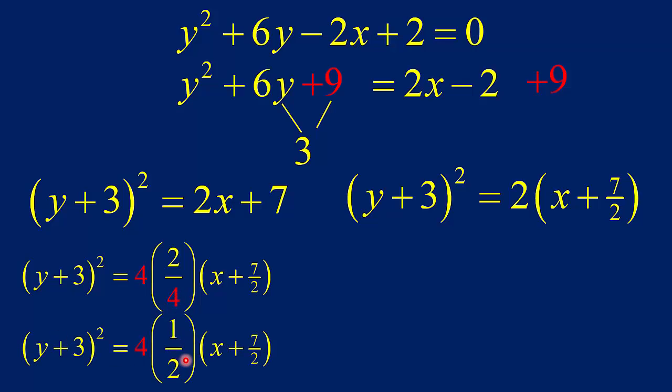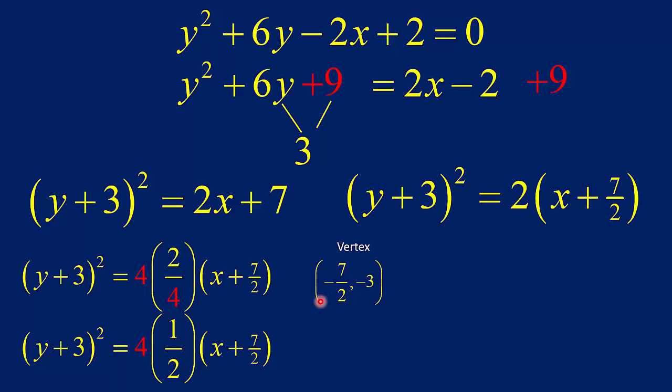So here it is. Now this is a form that we can relate to, because now, look, we can easily get the vertex: -7/2, -3. I just get the x-coordinate from the parentheses with the x, the y-coordinate from the parentheses with the y, and we know that p is 1/2. Now, this is a parabola that opens to the right, and we recognize that because it's y squared.